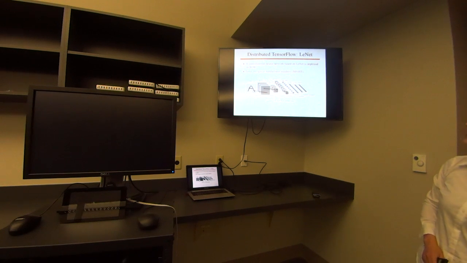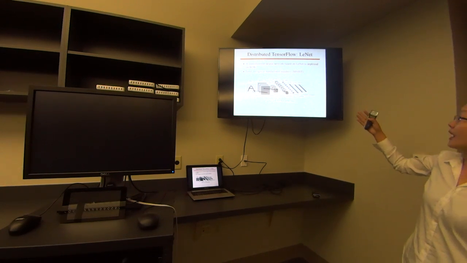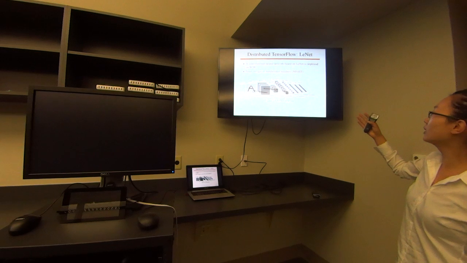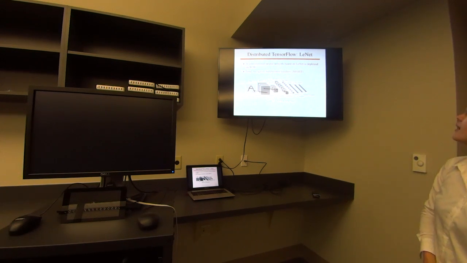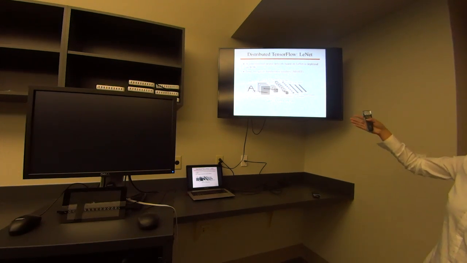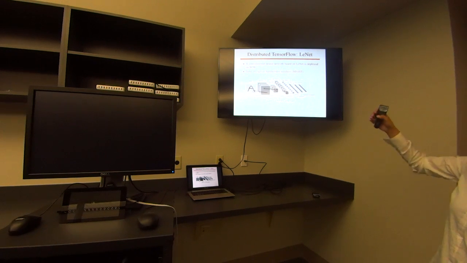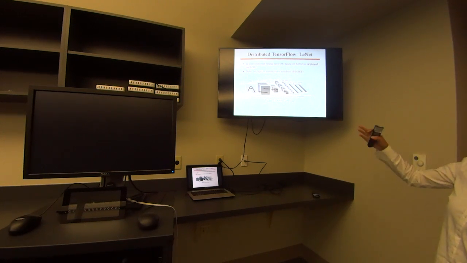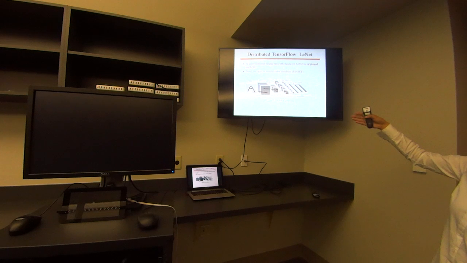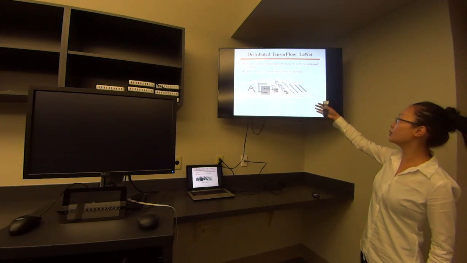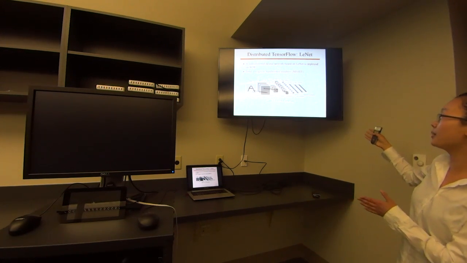So the computation is very huge, and now researchers tend to increase the number of layers to make the architecture deeper and deeper.